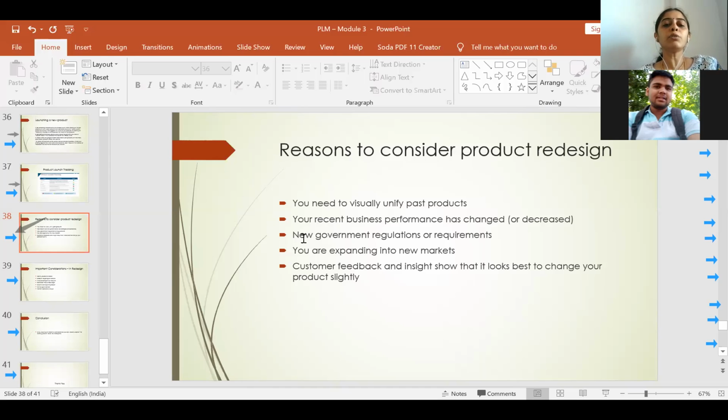Third one is new government regulations or requirements. Suppose your product is in the market and suddenly new regulations or requirements from the government come. Then also you have to do some redesign for the existing product. The government might say this product is good, it's working successfully, but as per our regulation we need this amount of requirement in the product.